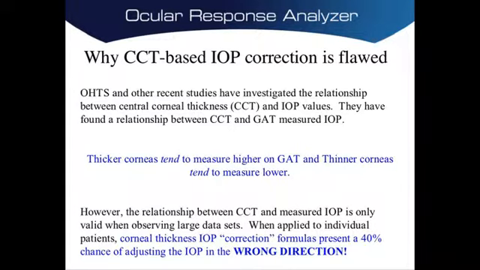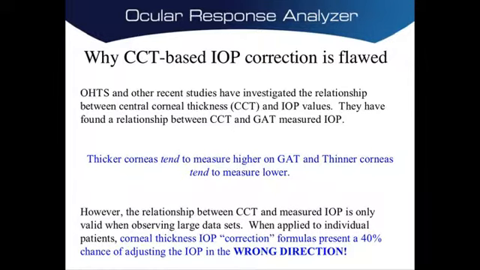But this relationship is only true on average, and it only describes the average behavior of population data. When you try to apply, based on a mathematical formula, this relationship to individual measurements of people's eyes, the relationship is too weak. You literally don't know which direction to adjust the pressure.